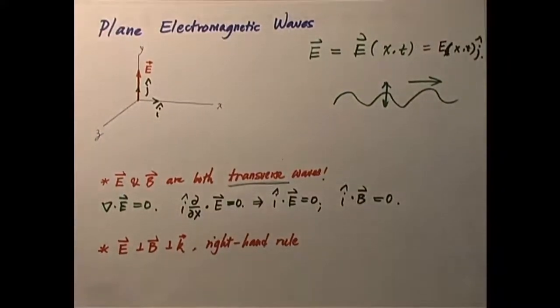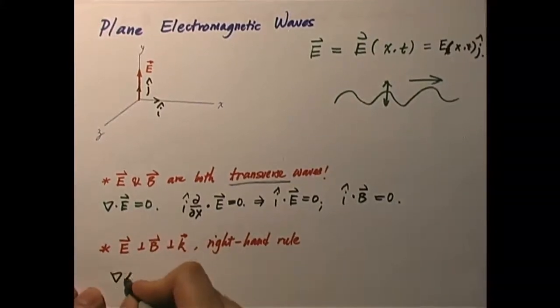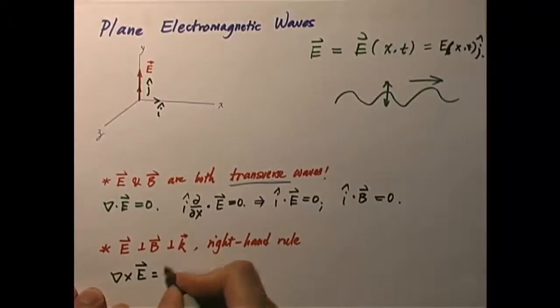Is that true? Well, let's see. We can relate E and B, can we not? Okay, we can relate E and B with that equation that we wrote before. Gradient cross E equals negative partial B partial t.